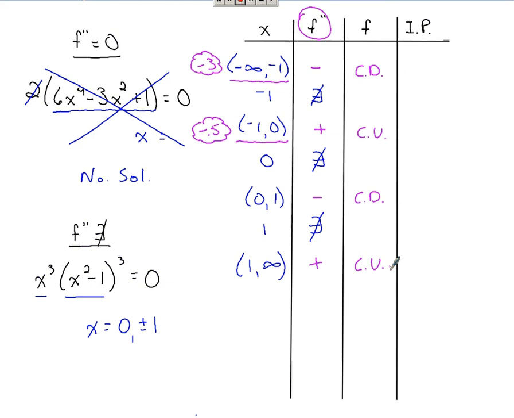And inflection points occur when there's a change in concavity. So it might appear that there's an inflection point right here surrounding negative 1, right here surrounding 0, and right here surrounding 1. So the question is, are there actually inflection points there?